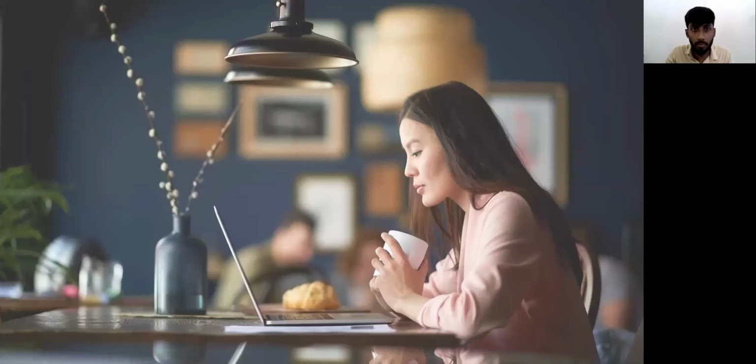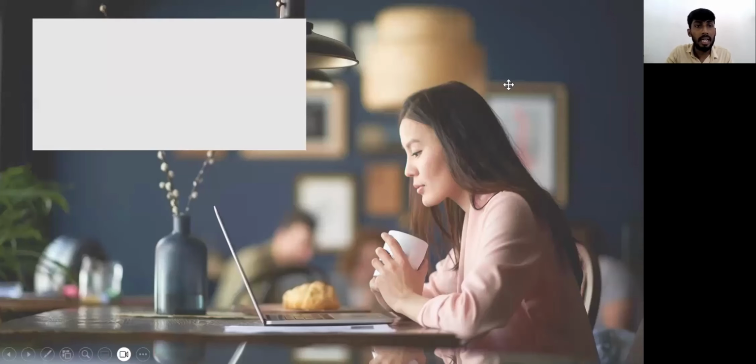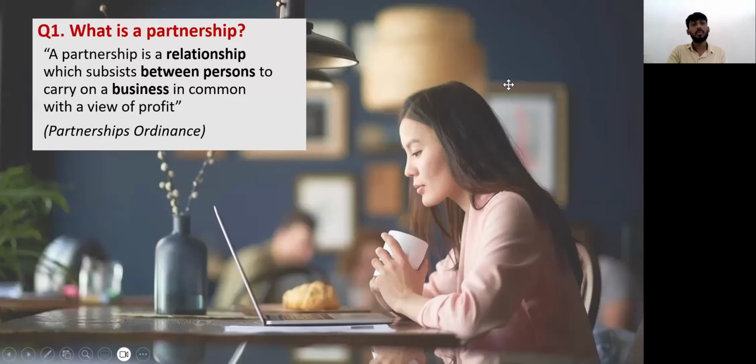I guess you know. So let's start with the first question. What is a partnership, my dear students? As I mentioned, a partnership is a relationship between people. People get together and carry on a business with a common view of profit. All the partners have the view of generating a profit from that business.